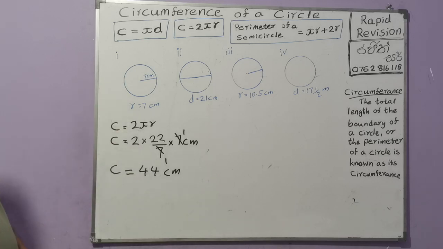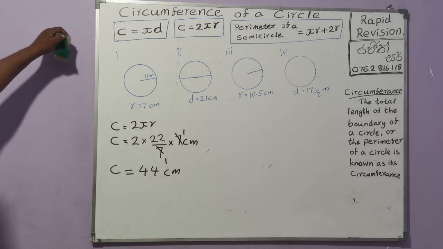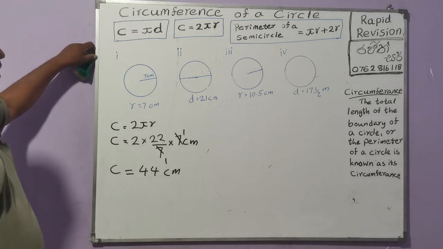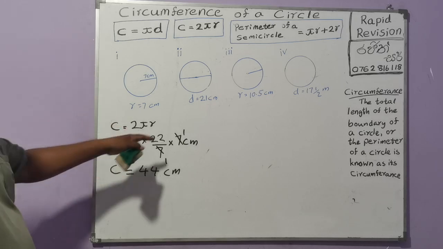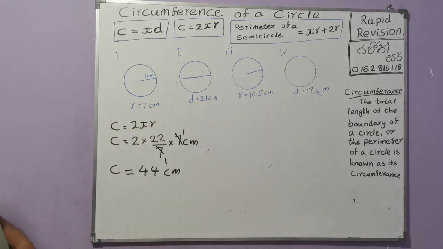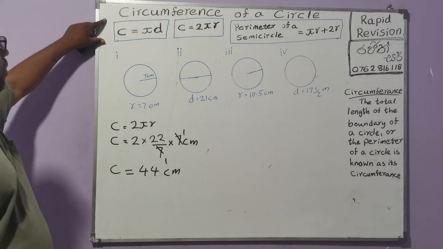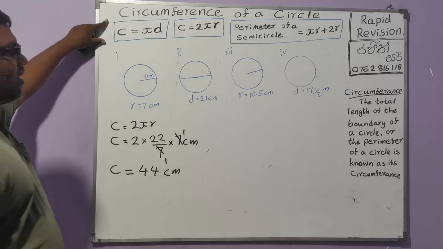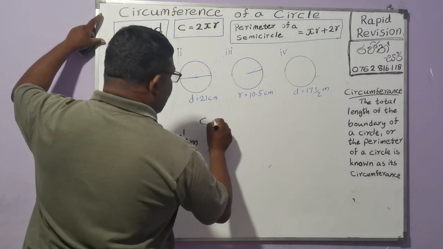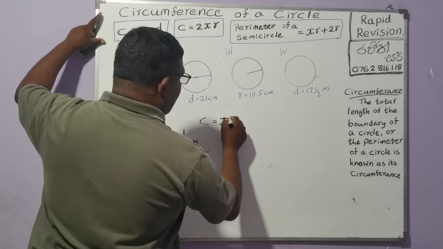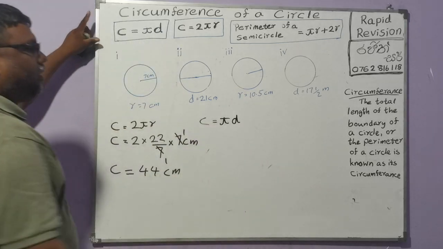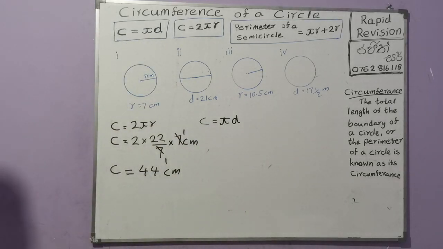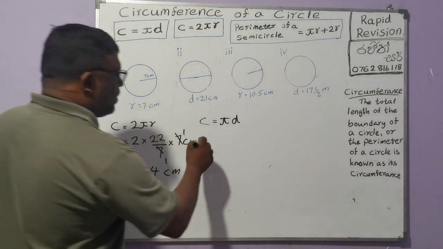Then we'll move to the second question. In the second question they have given you the diameter is 21 centimeter. If the diameter is 21 centimeter, it is better to use the formula C equals pi d.